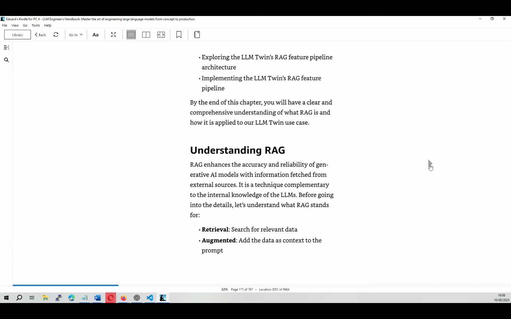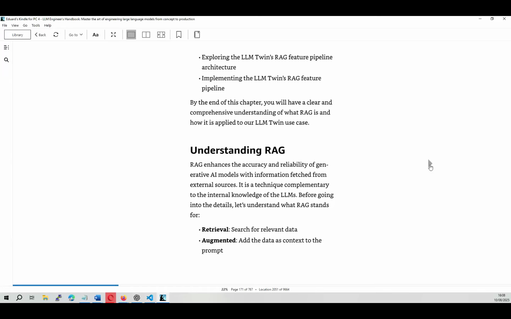So retrieval augmented generation basically means that we have three big steps. First one is retrieval, which means that we need to search throughout our database, again, our own trusted source of truth. We need to search for relevant data whenever we are asking a question.